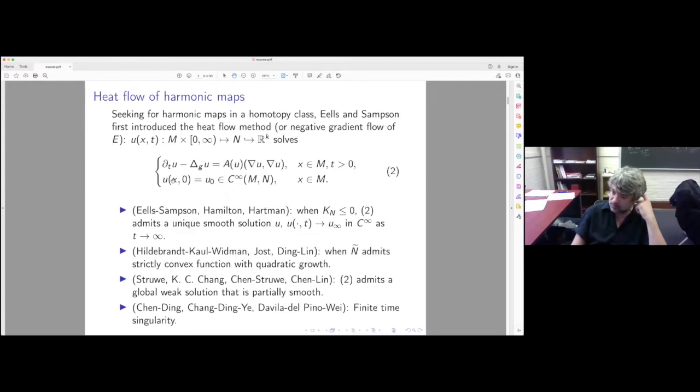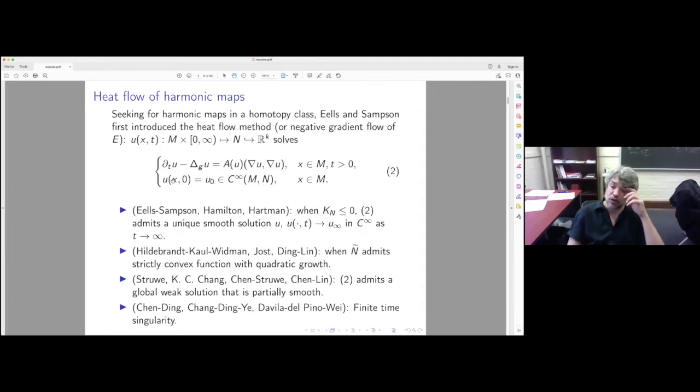I mean, in modern language, this is what Eells and Sampson introduced, the heat flow method or negative gradient flow of the energy. So you look at the heat equation associated to this energy, and you start with a smooth initial data, but you could, of course, start with less.